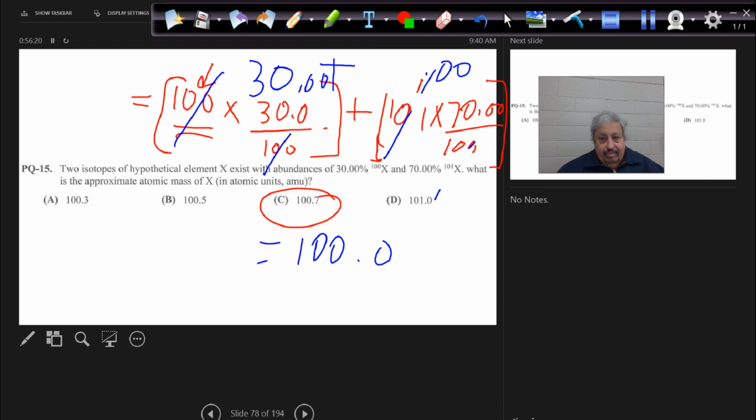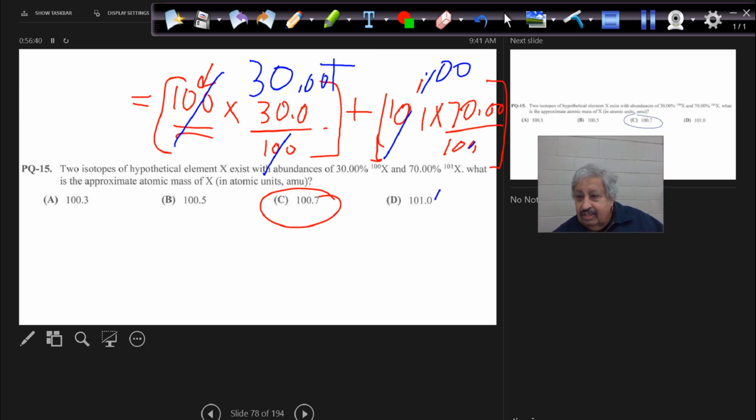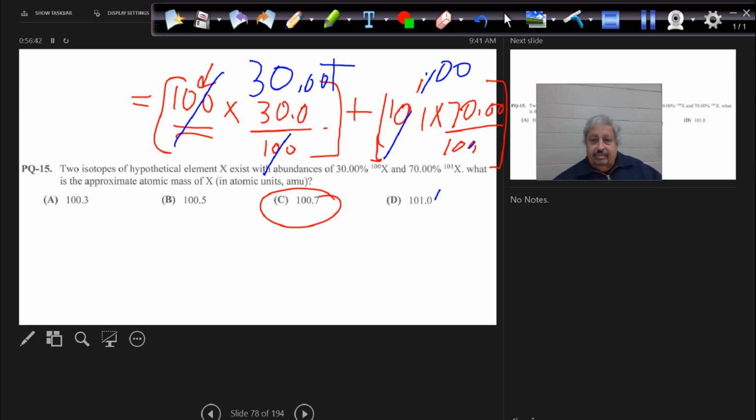The other one atomic mass 101. So you said C. Okay, so C. Sorry about that. I saw it 100, 101. So the answer is C. Somebody calculated. The answer is C. Okay, good. That's good.